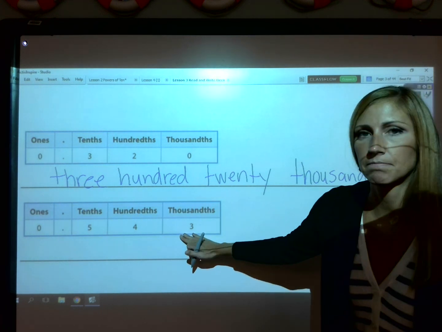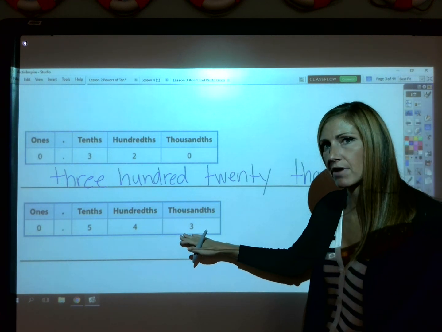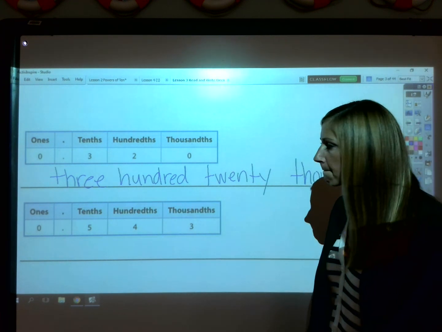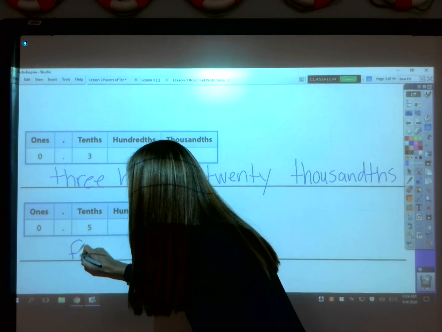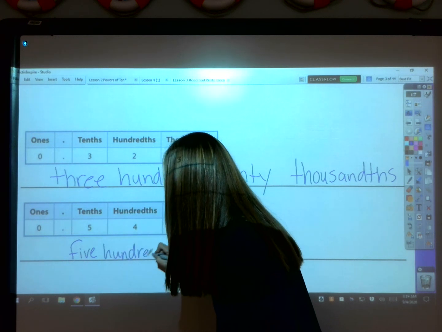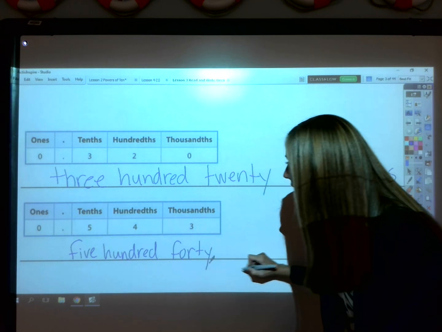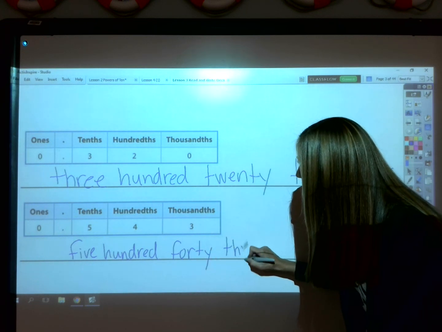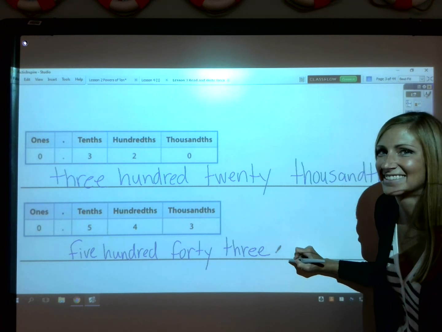So what about this one? How would you type out this one? Go ahead and give it a try right now. So you should have typed that it was a 540, careful on that spelling, it's very commonly missed, 43, what am I forgetting?